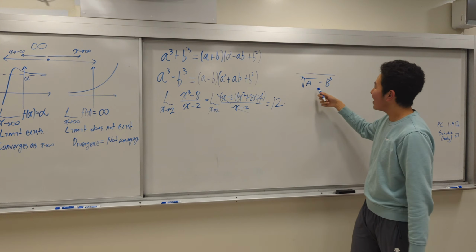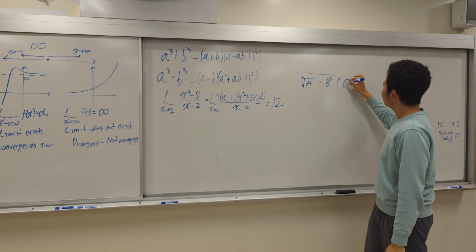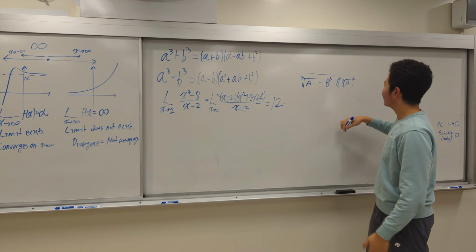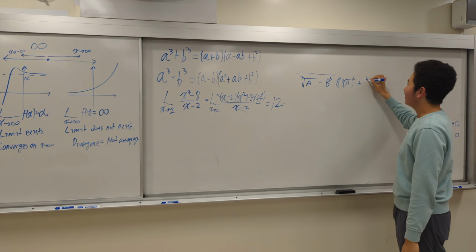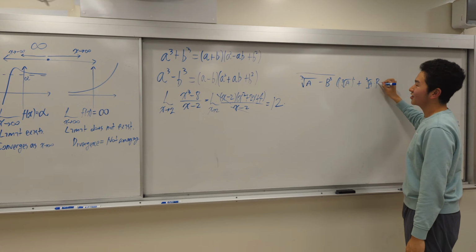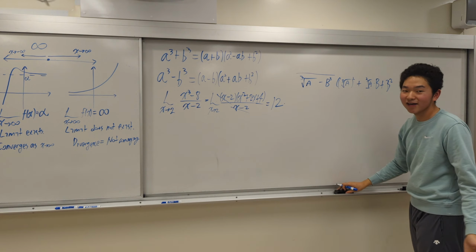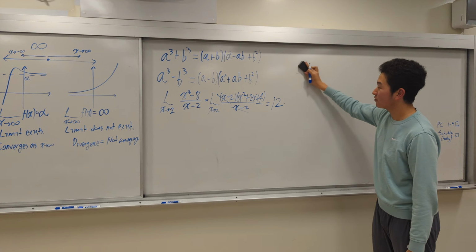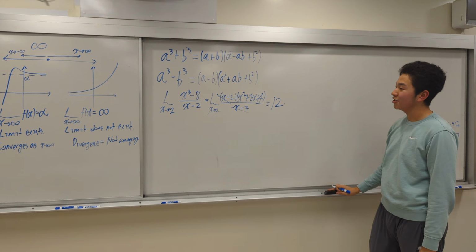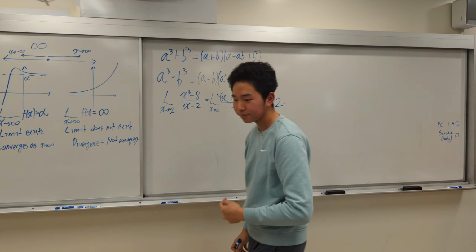If this is like a minus b, you gotta multiply what? Cube root of a squared, so that's like a to the power of 2 over 3, plus multiply these two, and then plus like b squared, like that, okay? I don't think I put any of the cube roots in my questions, but that's what some teachers do, okay?